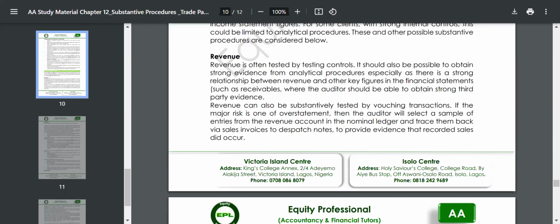I don't know whether it's in this class or advanced audit, and I don't know why I keep going back to this today: money laundering. One of the ways money laundering is done is that proceeds of fraud, proceeds of criminality, are brought into a legitimate business, so that it will seem like the money is legitimate. So you find somebody is into, let's say, the hotel business, and the person sited the hotel in an obscure place.